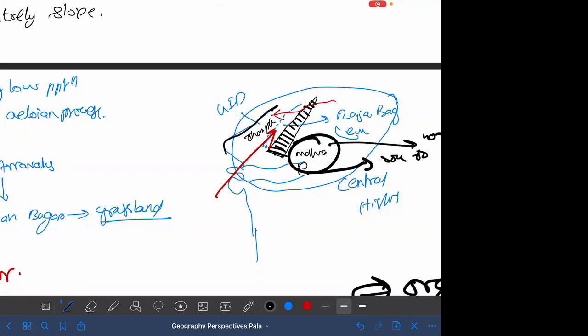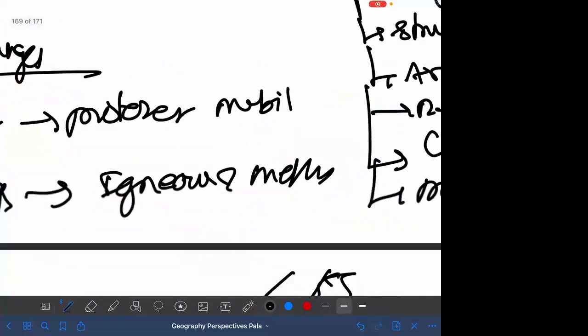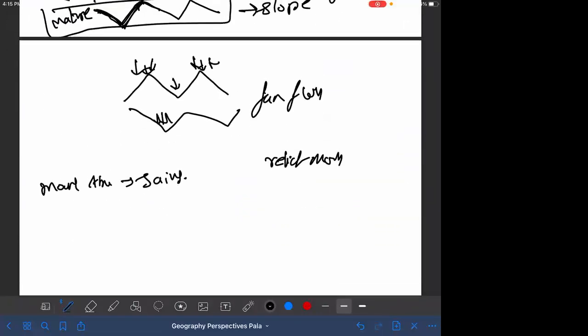Right? Then you have to look at the lithology of the region. Malwa Plateau is formed by basaltic rocks, which are susceptible to erosion.